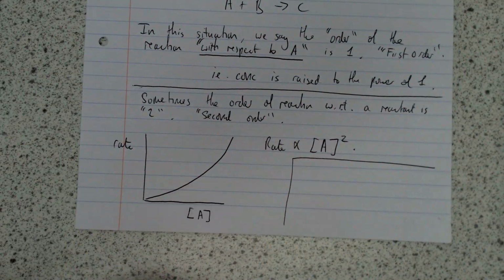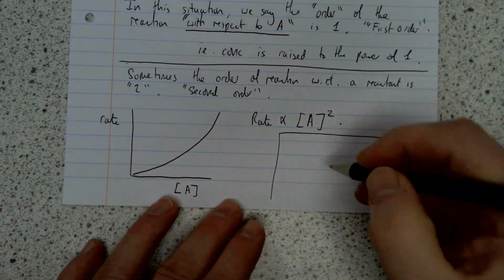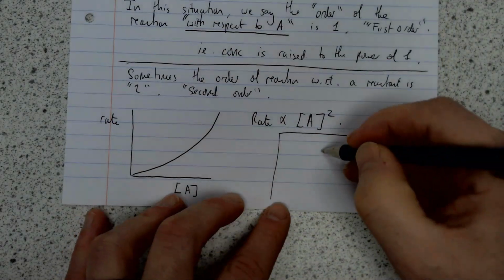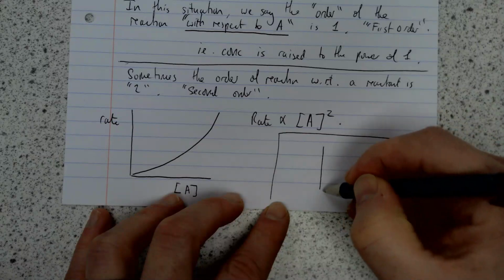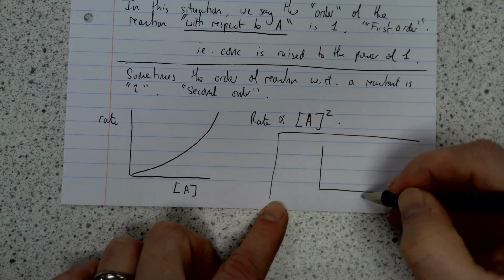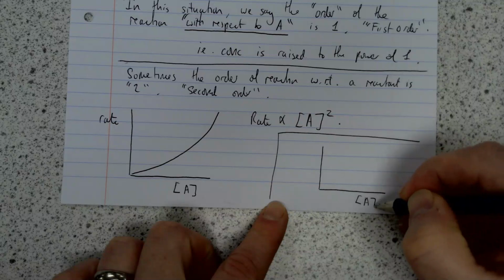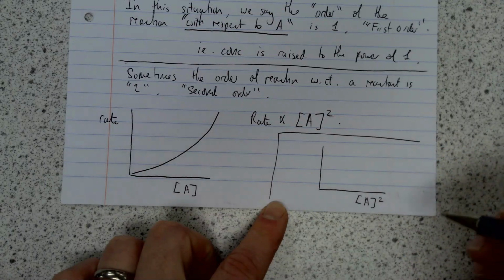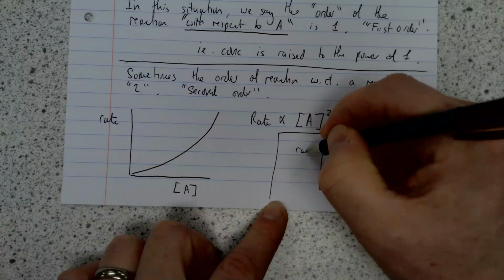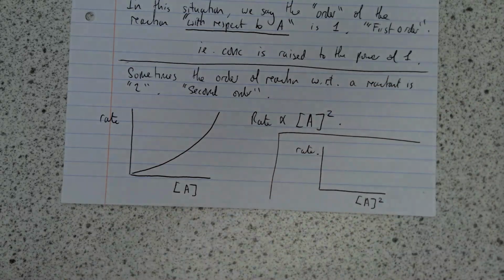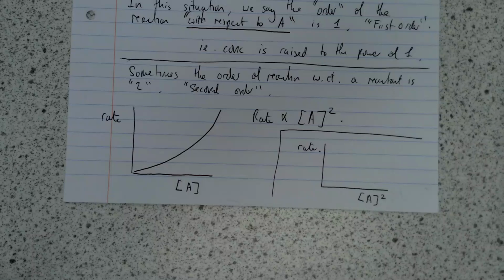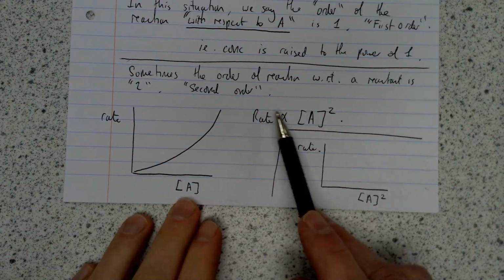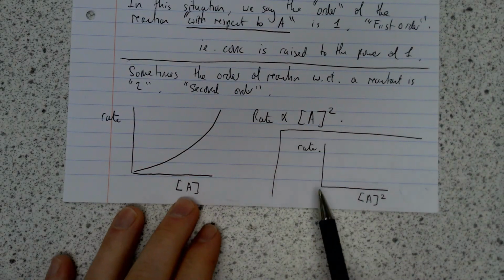A little challenge for you: if you were to draw, and the IB quite likes this, a graph between the concentration squared and rate, what would that look like?